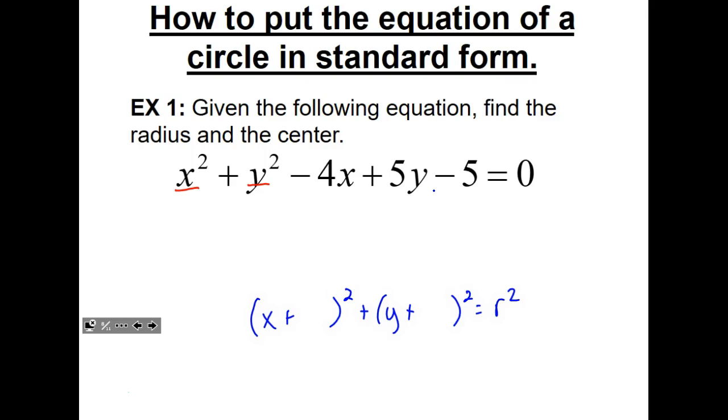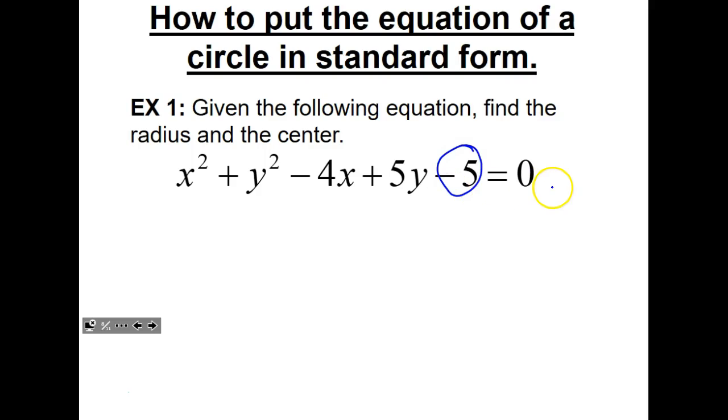So what I'm going to have to do is complete the square to get this in this form. So the first thing you want to do is group your x's together, group your y's together, and then move any constants you might have to the other side. So I'm going to say x squared minus 4x, and because I need to complete the square, I'm going to put plus blank here.